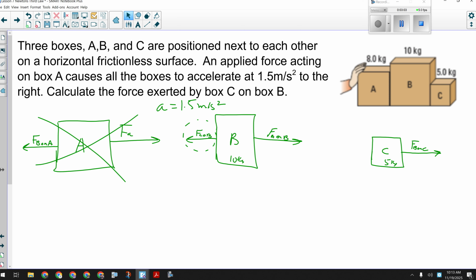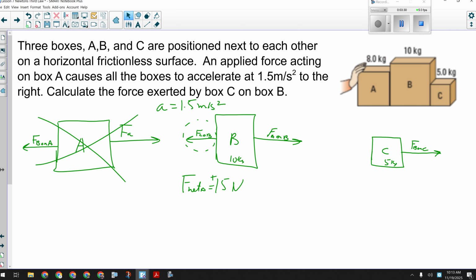The only thing that comes in is you might not actually solve for the force they want. You might solve for its action or reaction partner. And that's what's going to happen here. So yes, I can calculate the net force on box B. It's going to be 10 times 1.5, so 15 newtons, and we'll just say positive for that way.